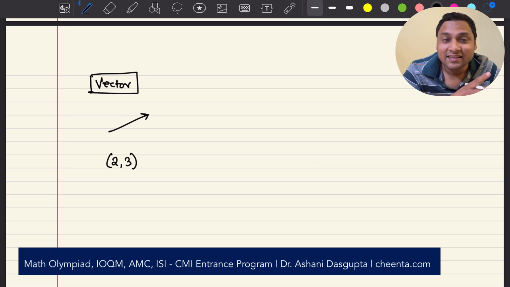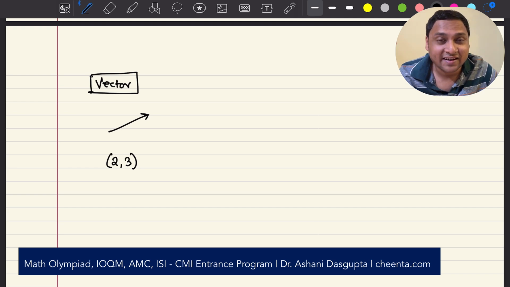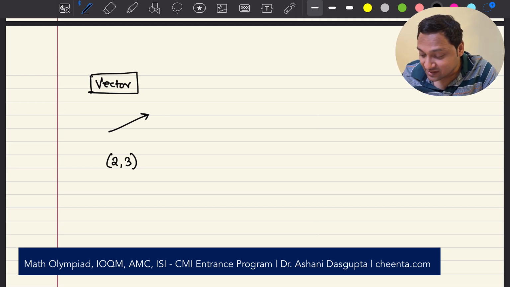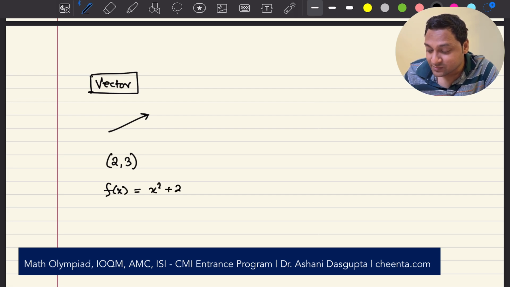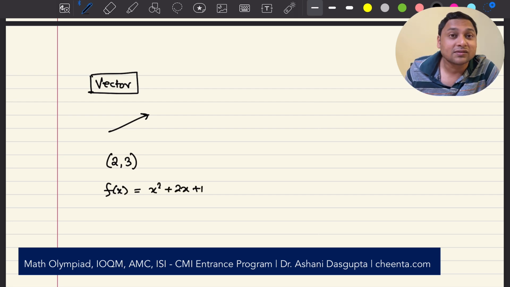And then there are some people who extend the idea of vector, and then they say, okay, the function x squared plus 2x plus 1 is also a vector. This last little part is kind of interesting, and maybe in some session on vector algebra, I'll talk about it.